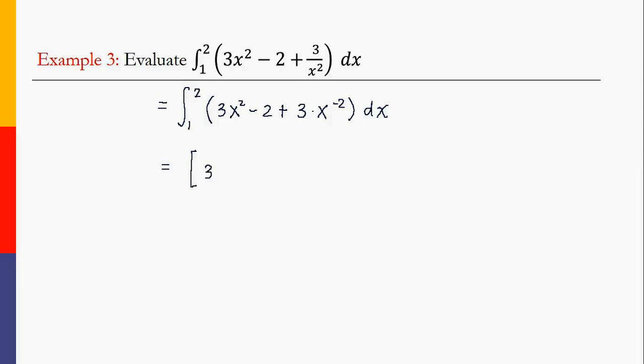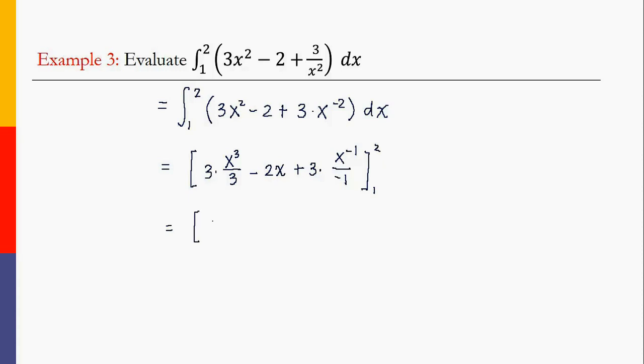And the antiderivative is the power increased by 1 divided by the new power, minus 2x, plus 3 times, again, the power increased by 1, negative 1, divided by the new power. And we evaluate from 1 to 2.